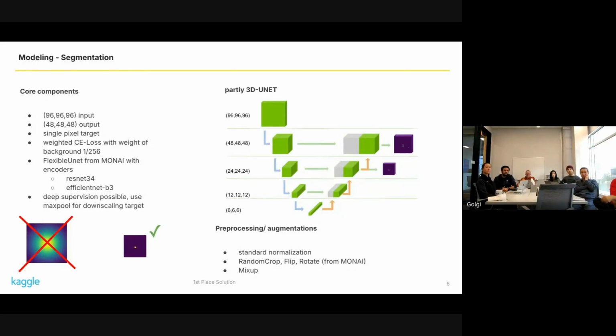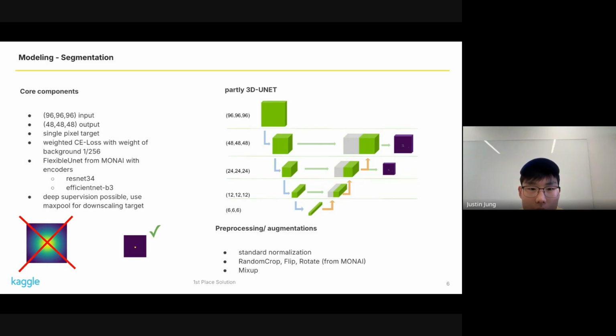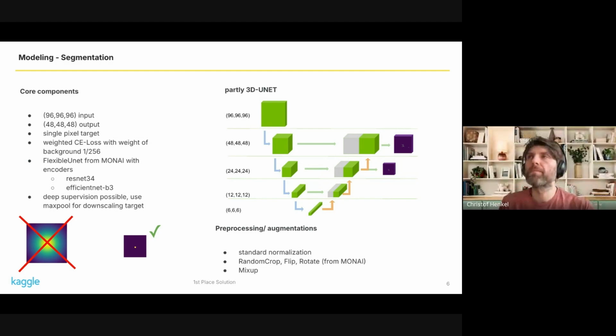Justin has a question. Yeah, I have a question. Could you explain again, maybe some more intuition for why you're not using the last 96 by 96 by 96 block in your UNet? Just curious to know why you kind of truncated it. Yeah. So it actually came out by accident, so to say.